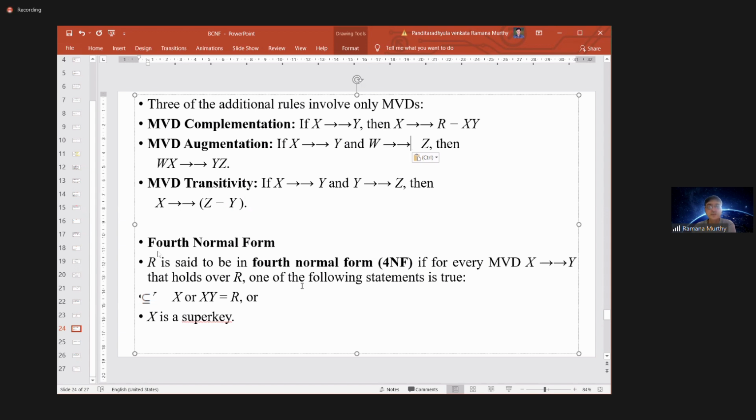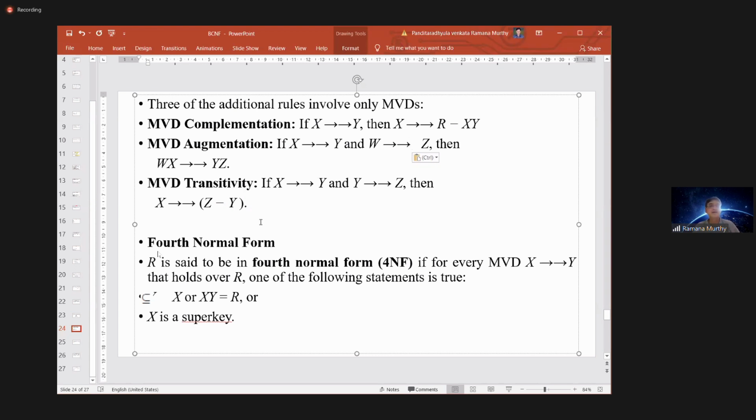So what the fourth normal form says is: for every multi-value dependency X multi-value derives Y, if that holds on R, one of the following statements is true: either X union Y is equal to R, or X is a super key.